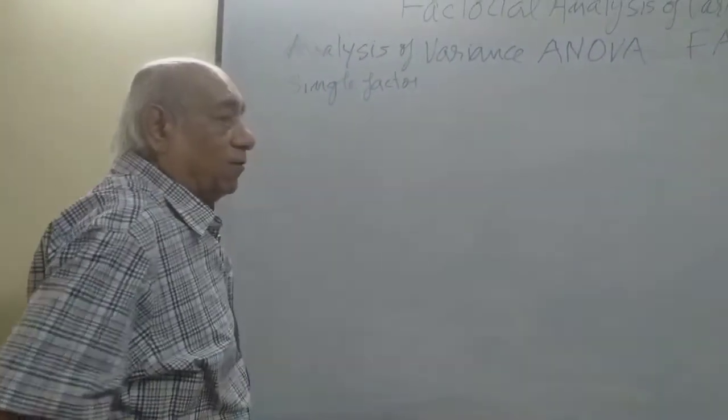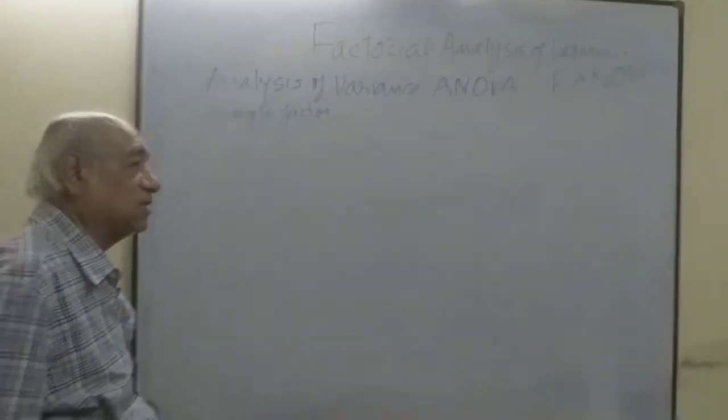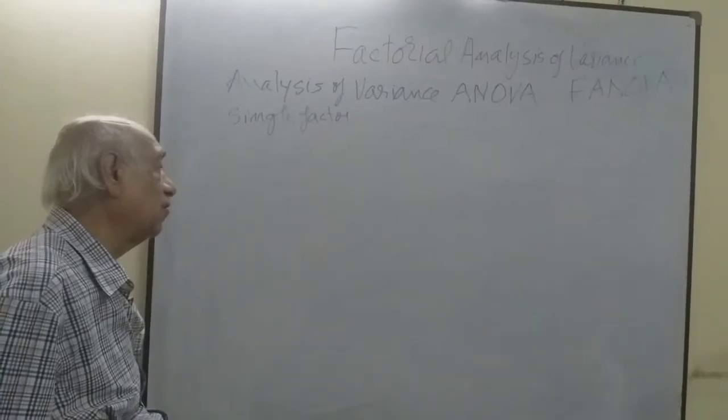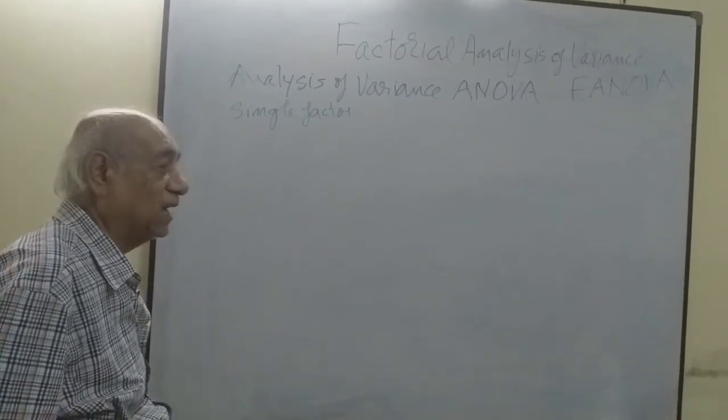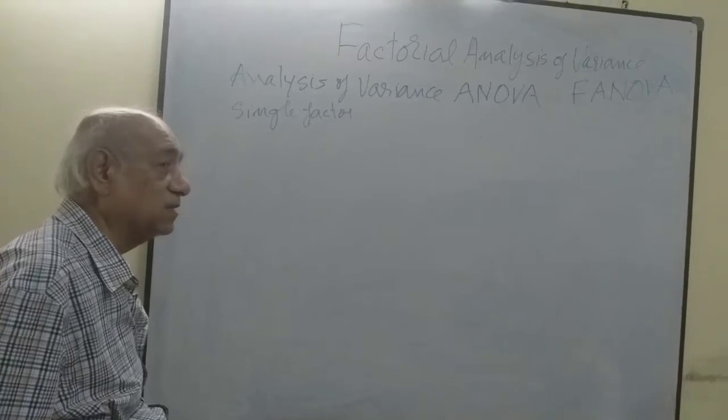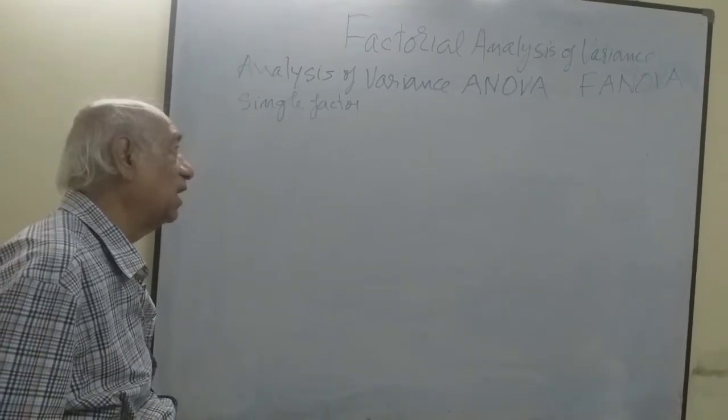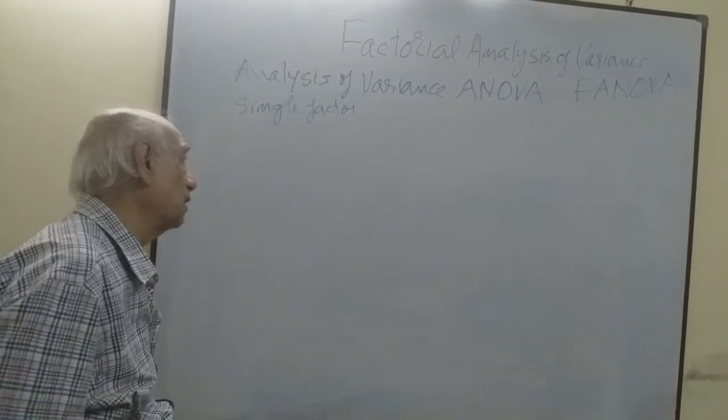The object of analysis of variance is to partition the total variance in the data set into variance due to treatments and variance due to error.